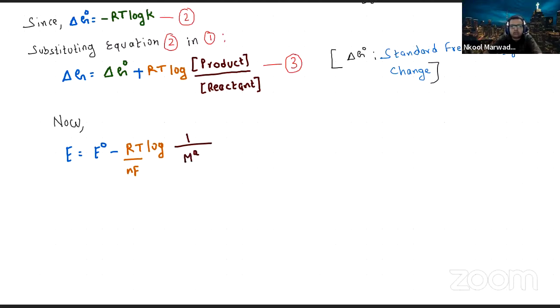Here M is the cation, the concentration of cation in the solution, because that concentration of cation in the solution is the one which will lead towards the formation of the electrode potential.